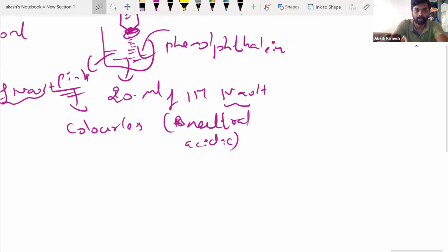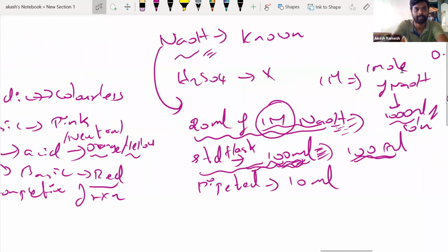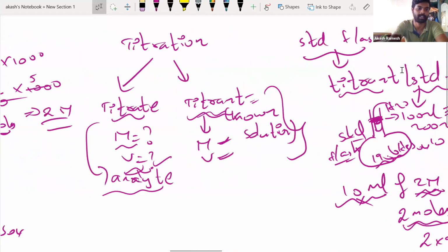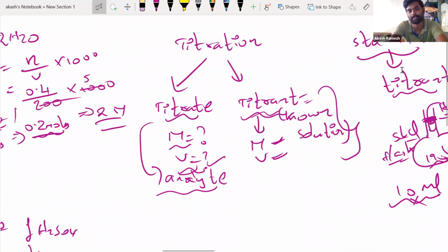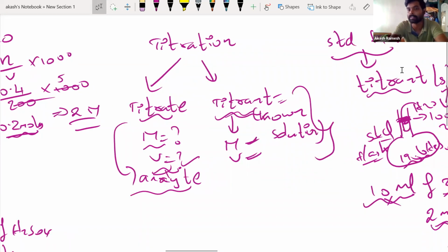I just want to concentrate on the last part, which we spoke about. We were talking about titration. This is what we started with, right? So titration is basically a process by which I'll be able to find the unknown concentration.